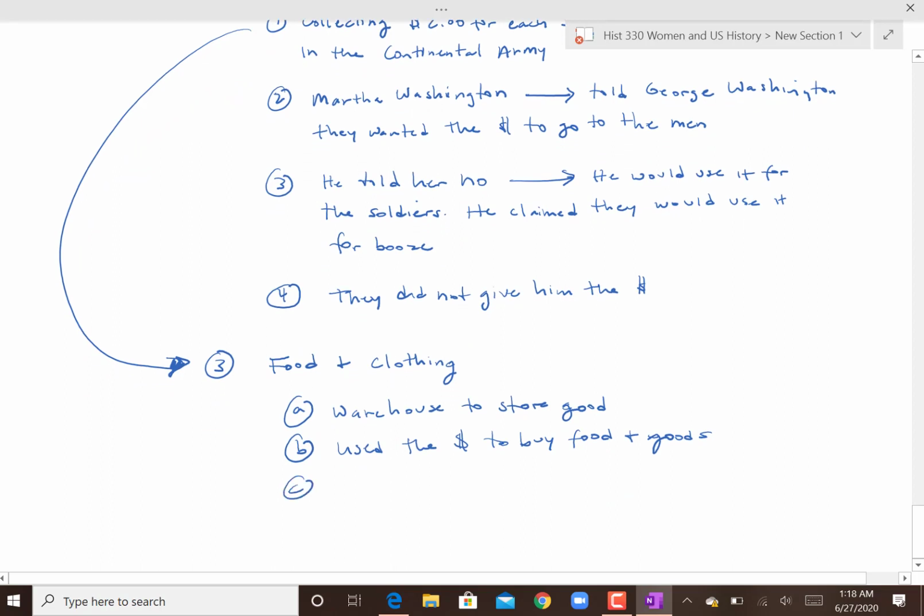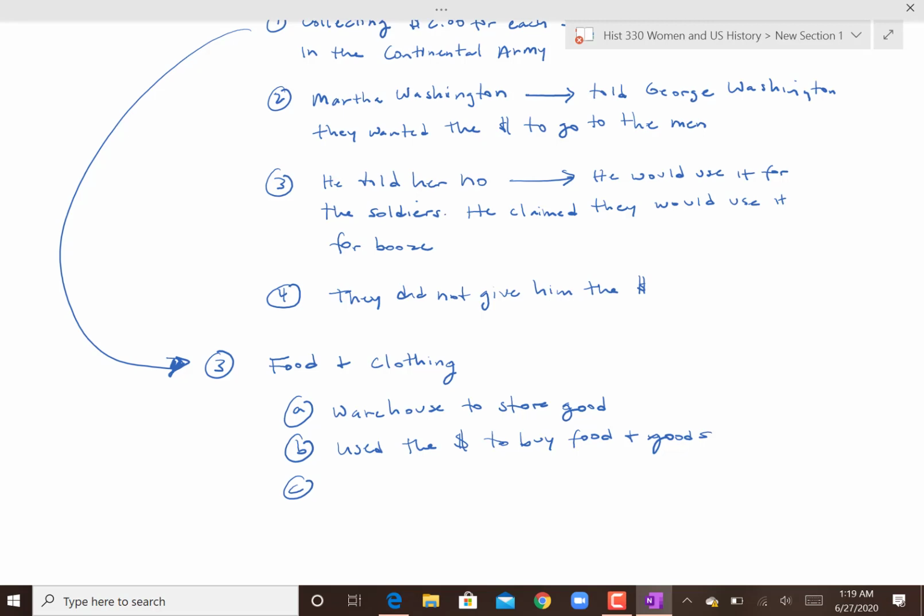Why this was important and why this was needed. So why any of it was needed. The Continental Army, and how the military worked at this point, is that there was not the supply chain. Essentially, in the earlier period, if you were part of the Continental Army, you were given a uniform, but you were expected to bring your own weapon, and then you were expected to pay for everything.